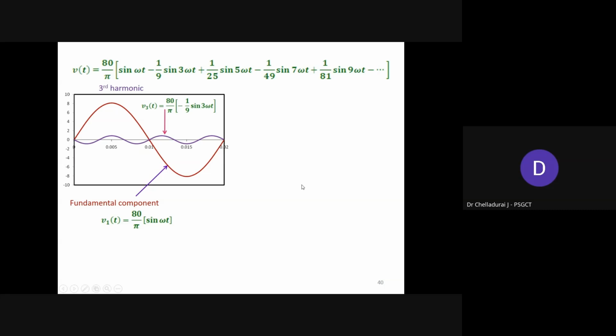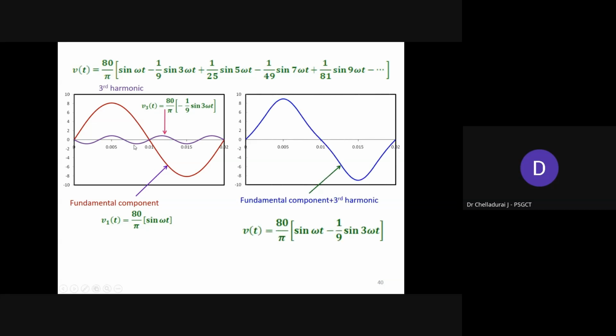Then with this fundamental component, the third order harmonic component has magnitude 80 by pi into minus 1 by 9, then sine 3 omega t. 3 omega t is nothing but the third order harmonic component. If we add these two sine waves, the actual wave shape changes to become very near to a triangular wave shape.